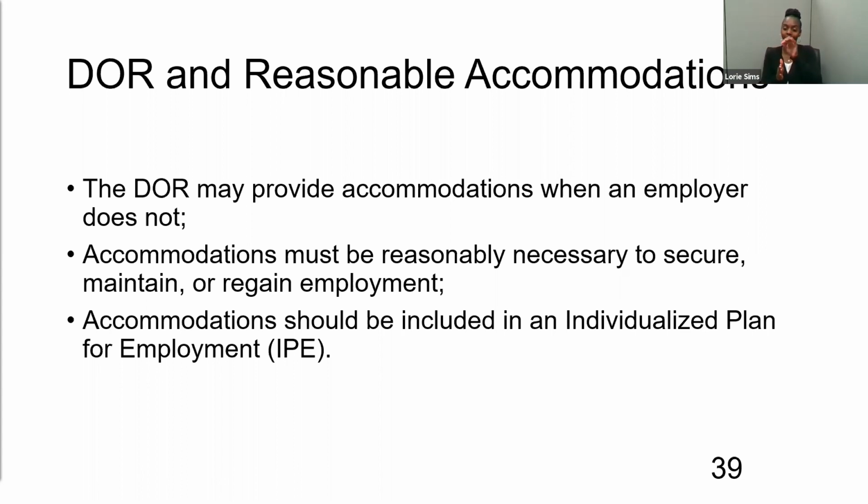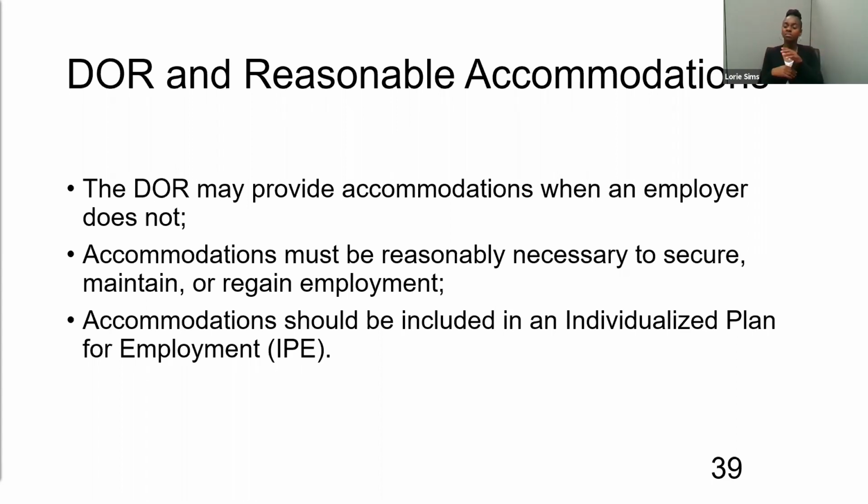So for example, let's say that I'm a chef and I'm a person with a disability, and I've been a chef for a long time, and I'm deciding that it's time for a career change, and now I'd like to be an attorney, and I apply for and am found eligible for DOR services, and I develop an IPE with attorney as the employment goal.